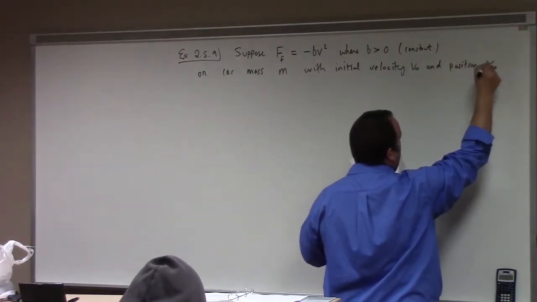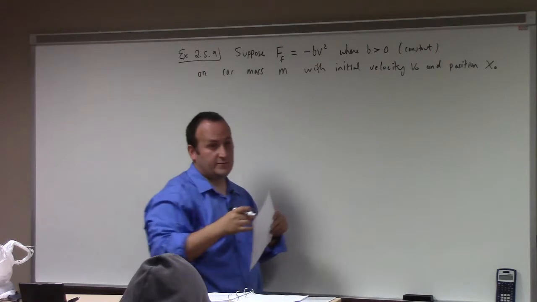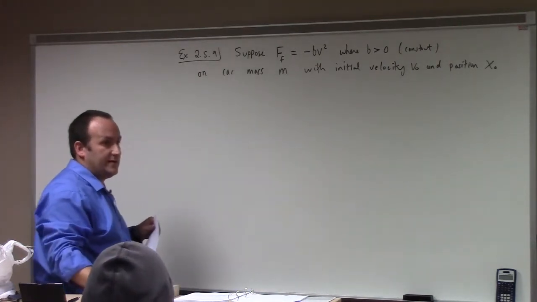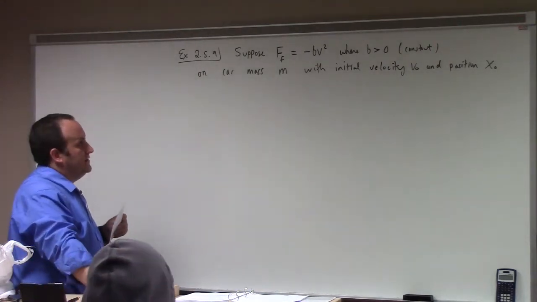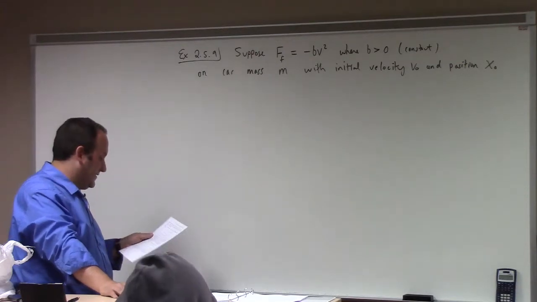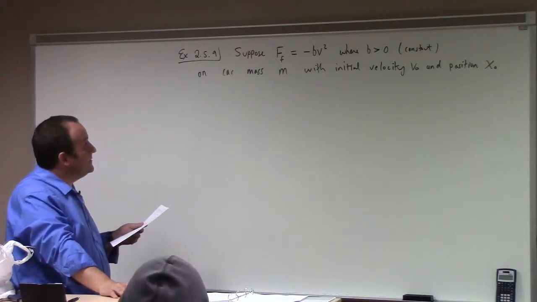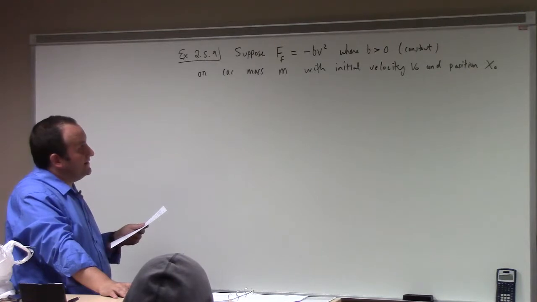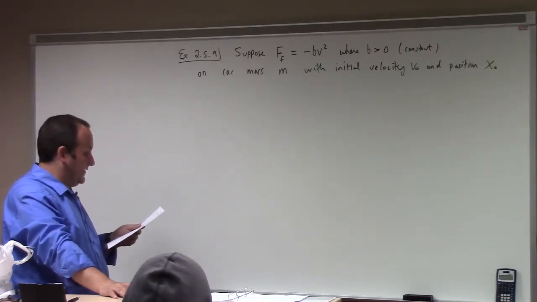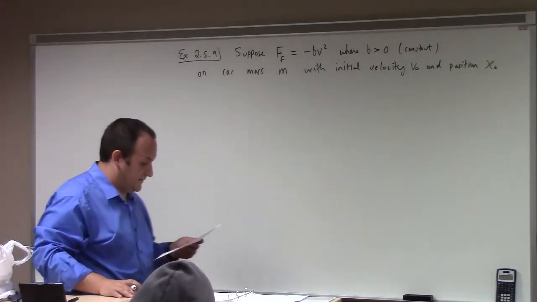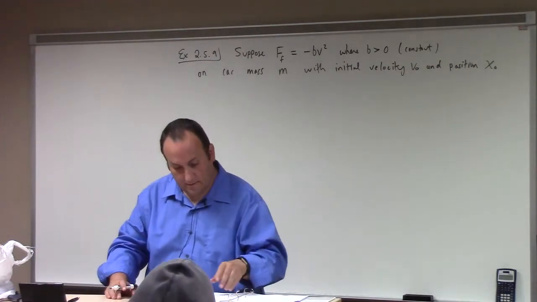So we're thinking about one-dimensional motion here, all right? So we're just talking about a car in straight line motion. It's got a friction force which is proportional to minus the velocity squared. And I have two questions. The one is to find the velocity as a function of time, and the other is to find the velocity as a function of position, all right?